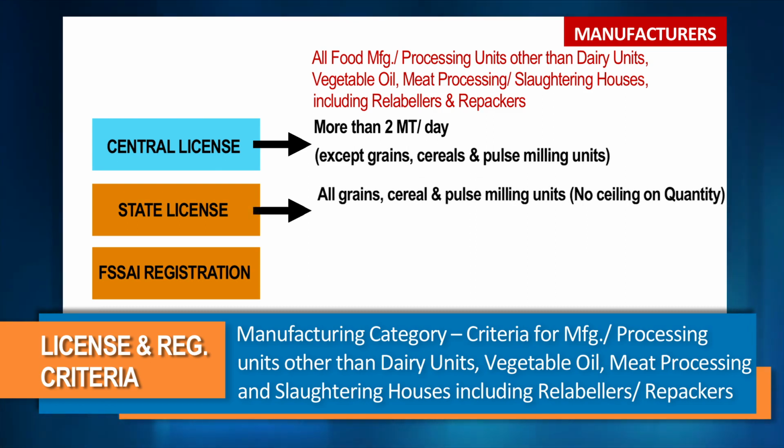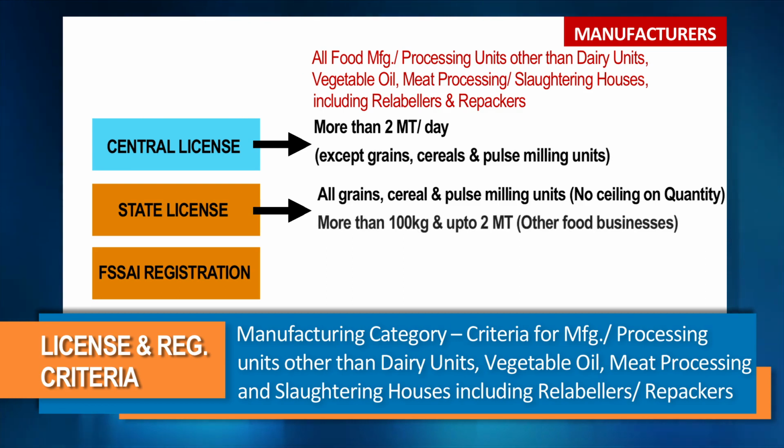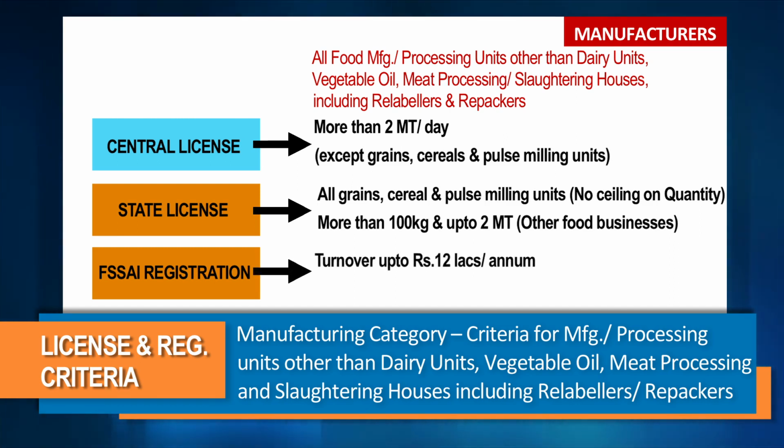All grain cereals and pulse milling units without any ceiling on quantity and other food businesses with capacity of more than 100 kg and up to 2 metric ton fall under state license category. Food businesses with turnover up to rupees 12 lakh per annum or production capacity up to 100 kgs per day falls under registration category.